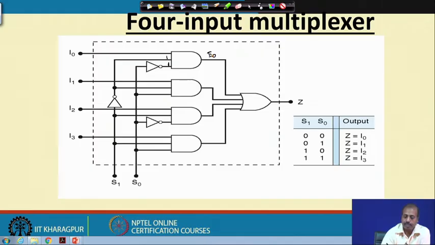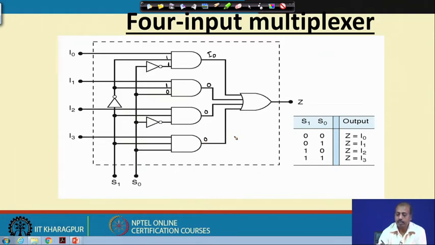For the second AND gate, this input is 1 but this input is 0, so whatever be the value of I1, you get a 0 at this point. In this way, for all the other cases you get a 0 here.